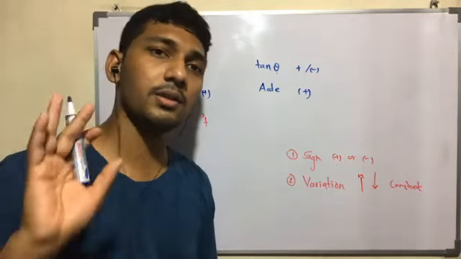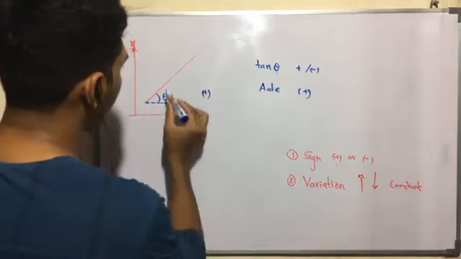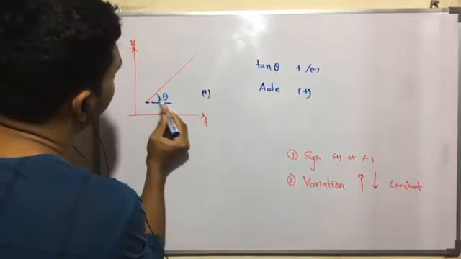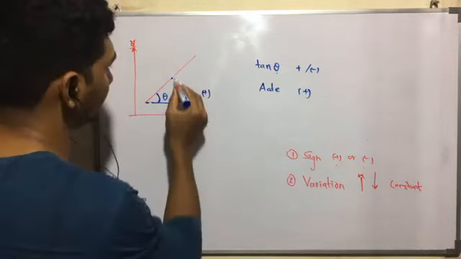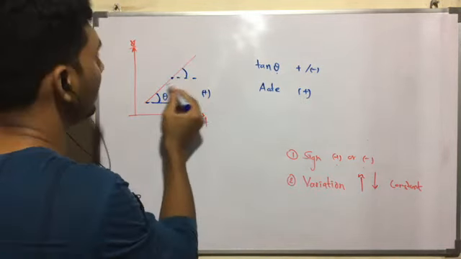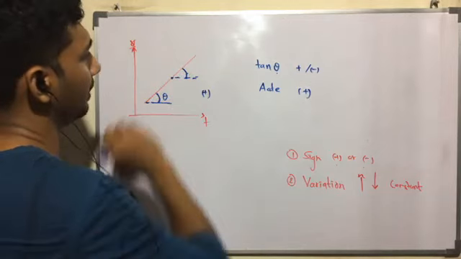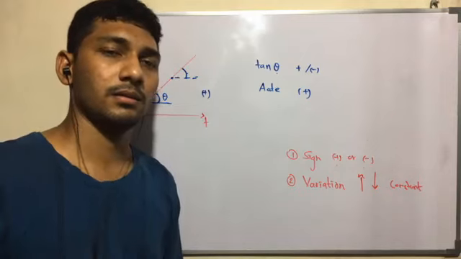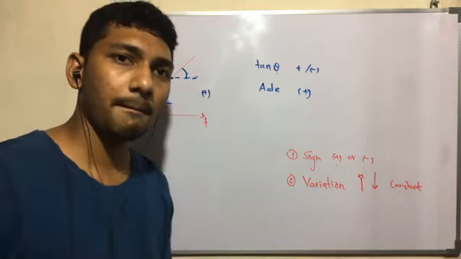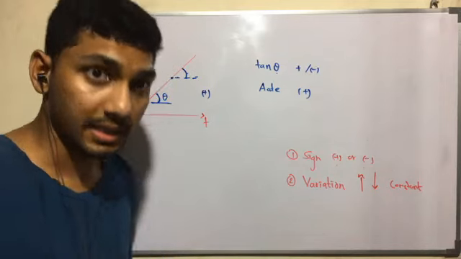Let's talk about the variation. In variation you have to tell whether it's increasing or decreasing. If you take the angle here, it's theta. Let's take the angle here. Will this be theta or a different angle? That is also theta.